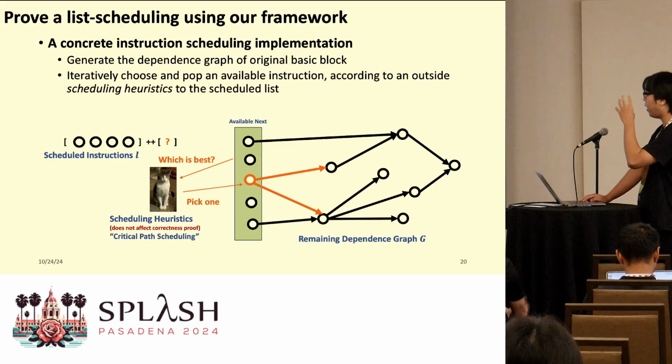And during the picking, we may have multiple correct choices, so we may also need heuristics to decide which one to pick is the best. This heuristic does not affect the correctness, but it only affects the performance of the compiled program.